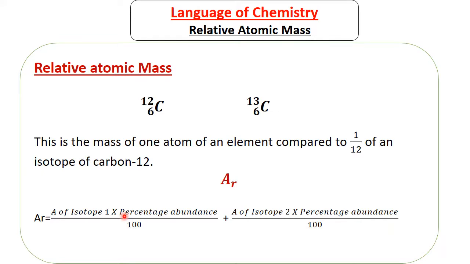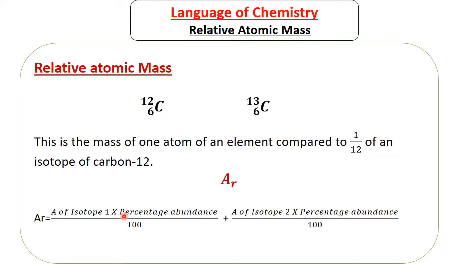What is percentage abundance? Percentage abundance is nothing complicated. It is how abundant a given isotope is in a given element. So if we have an element, then in the element there are two isotopes. Each isotope has its own percentage abundance, or how much of it is available in that given element.